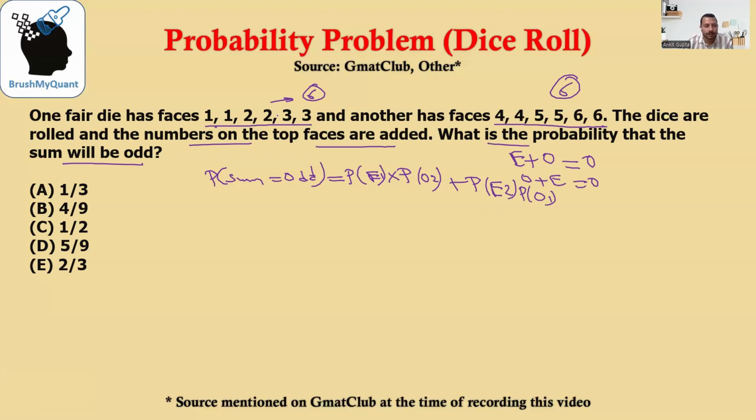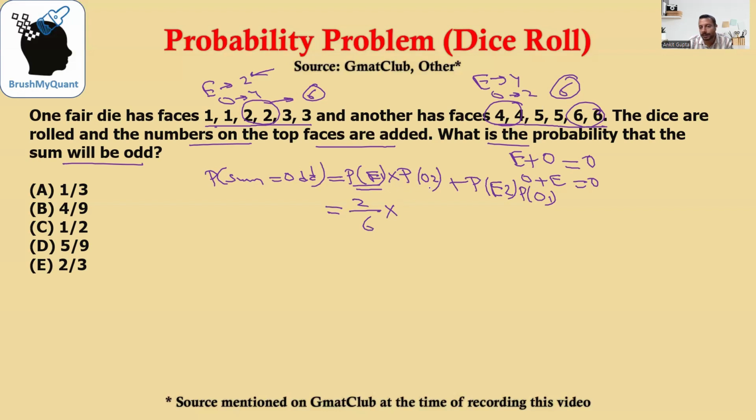Now let's look at the numbers, right? If you look at the first die, it has 2 even numbers and 4 odd numbers. If you look at the second die, it has 4 even numbers and 2 odd numbers. So the probability of getting an even number in the first die is equal to the number of even numbers, which is 2, divided by the total number of numbers, which is 6.